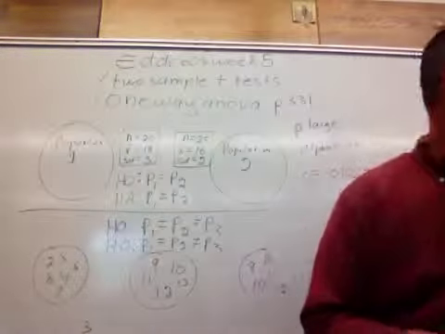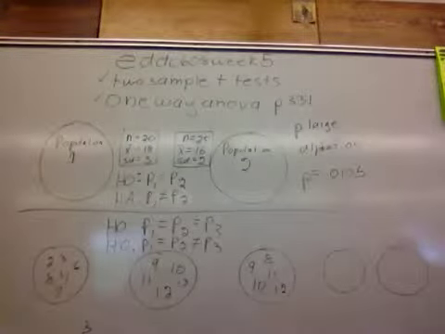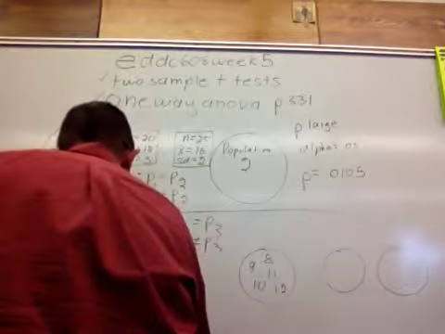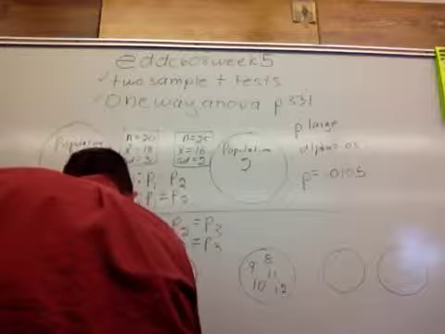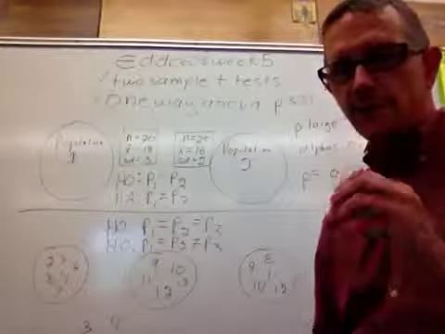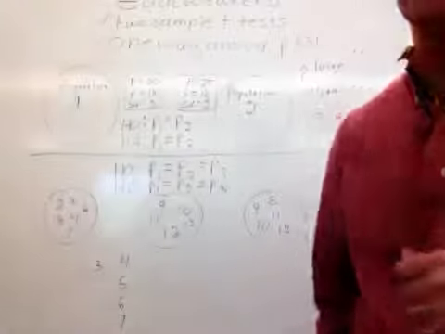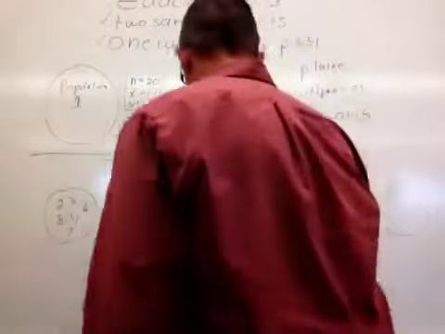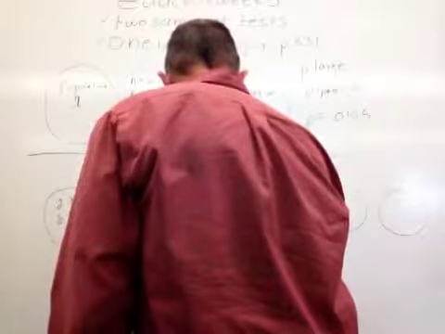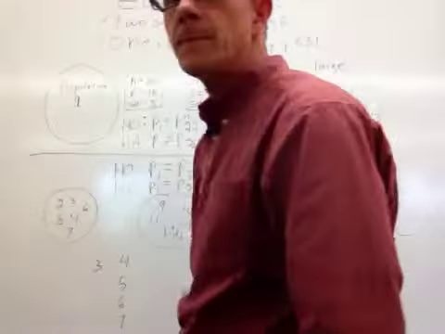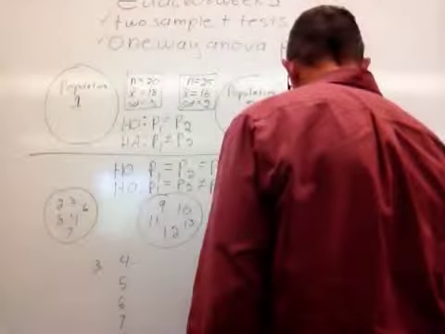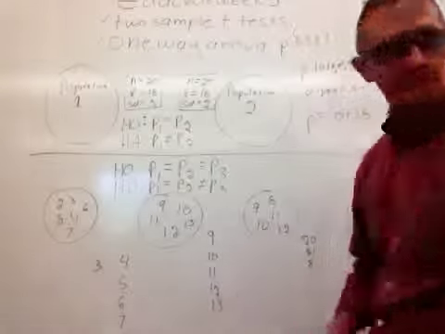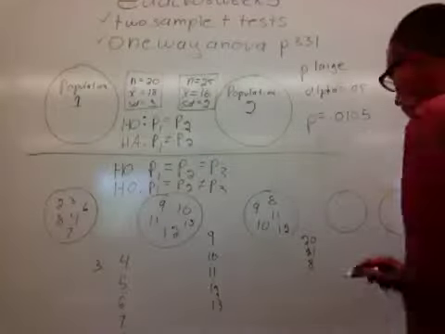Here are the sample values I put in. 4, 5, 6, 7, 8 is the numbers from one sample. 9, 10, 11, 12, 13 is the next. And 20, 21, 8, 10 and 9.